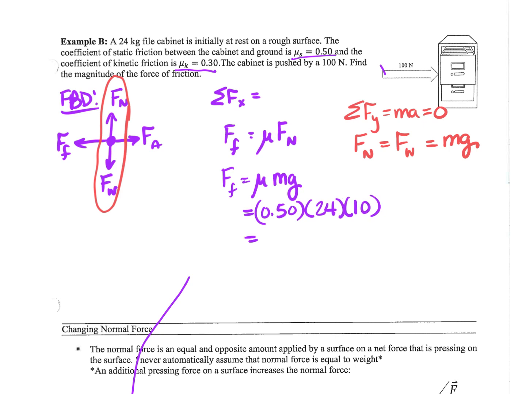We'll just use 10. Half of 240 is 120 newtons. The force of friction is 120 newtons. Okay? This would have to be mu sub s because we don't use mu sub k until it is moving.